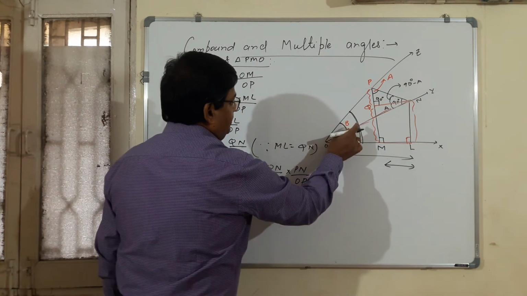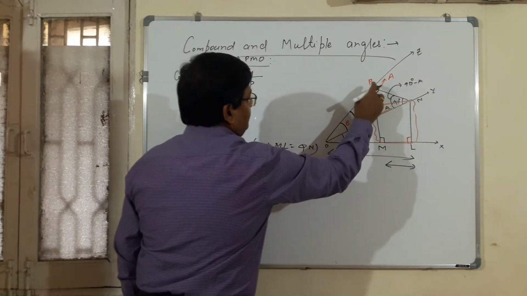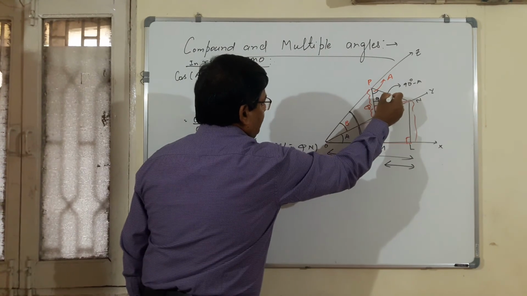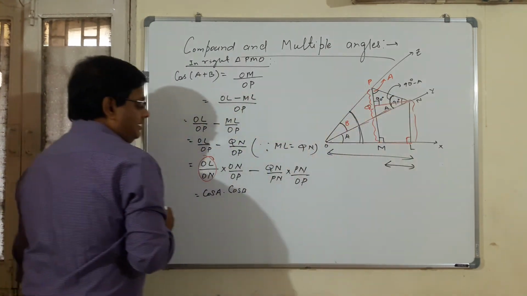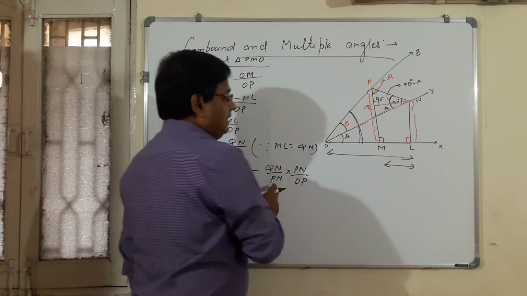The angle is B in this triangle PNO. PNO is a right angle triangle because this complete angle is 90 degrees. Minus QN over PN.